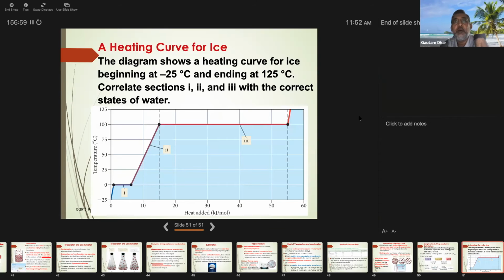Now, this is the whole thing, starting from ice all the way to steam here. And if you see, this is my Q1 and this is my Q2. No, this is my Q2 right here. This is my Q3.